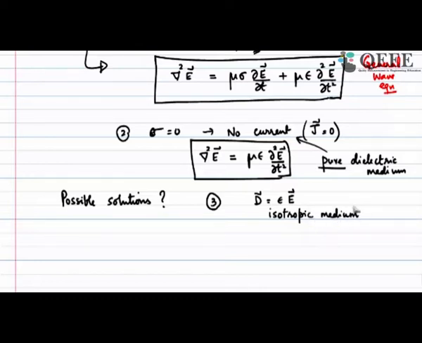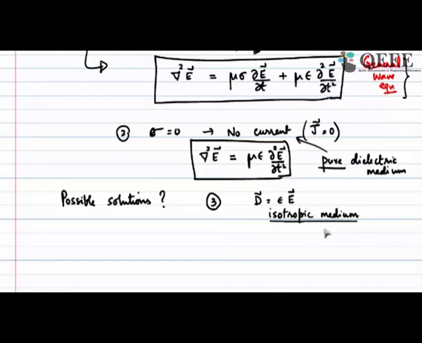We will need this assumption for the simplest case. It is not that the wave equation does not hold for an anisotropic medium. This general equation is true for any kind of media, but I am going to make the assumption that it is an isotropic medium.